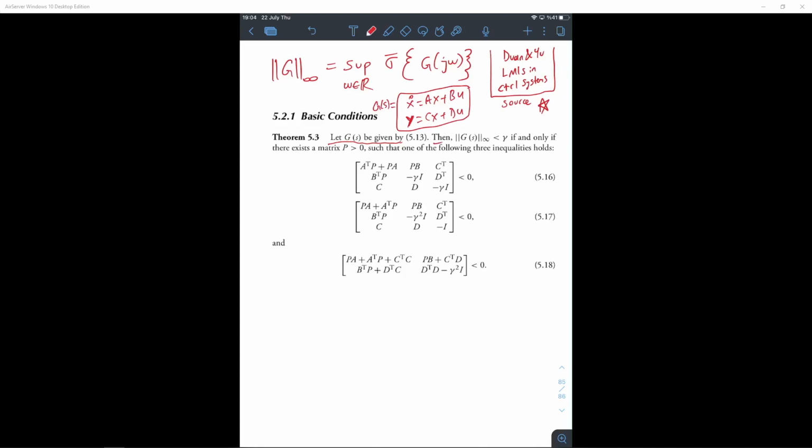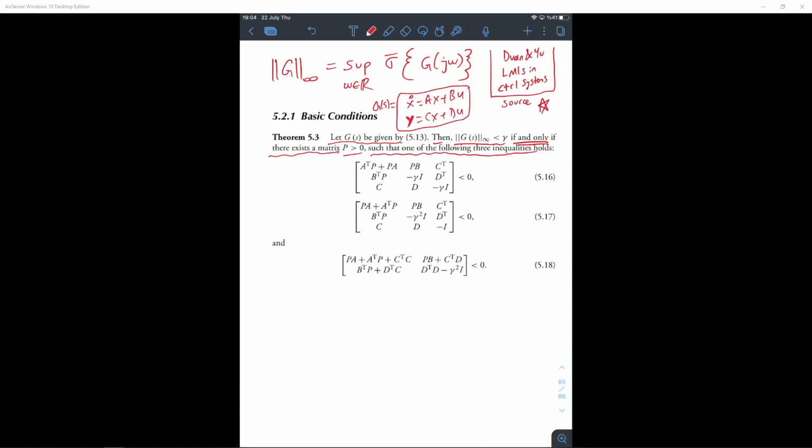Then the H infinity norm is less than gamma if and only if, notice there is no conservatism, if and only if condition, there exists a matrix which is positive definite such that one of the following three inequalities hold.